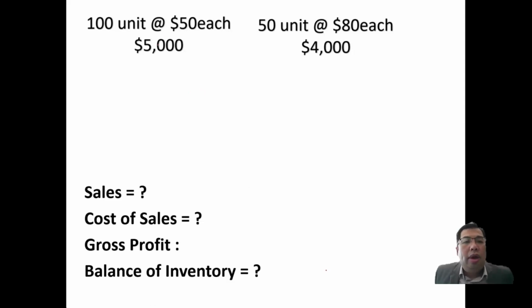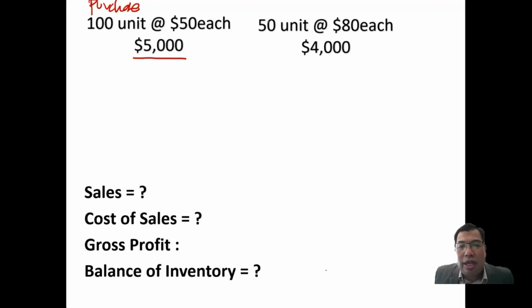Okay, we have 100 units. We purchase these 100 units. This is our purchase from the supplier. This is not a calculator. This is a textbook, the workbook. 100 multiplied by 50. So our total purchases is 5,000.